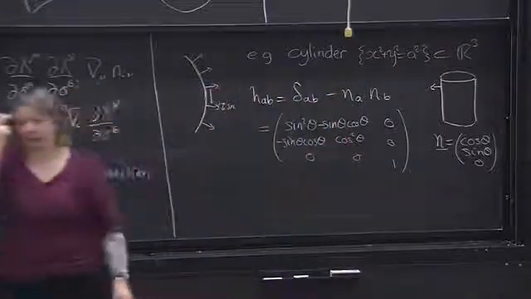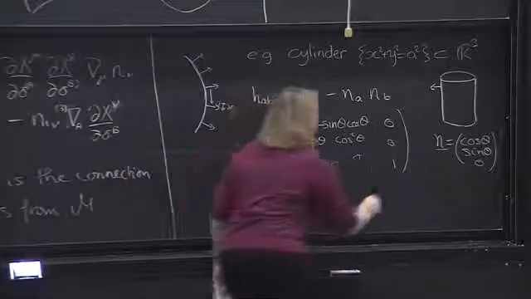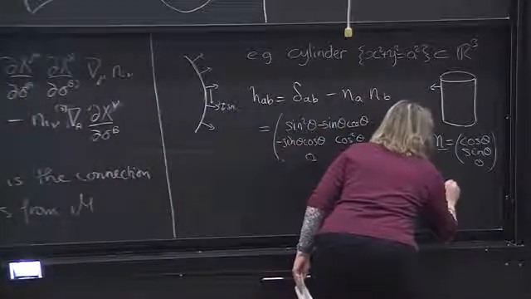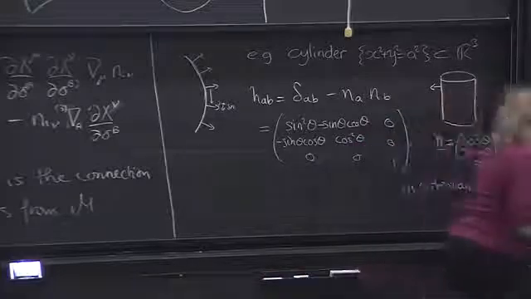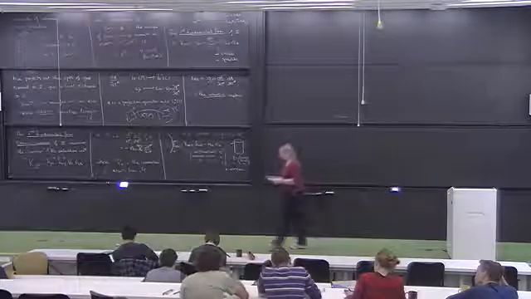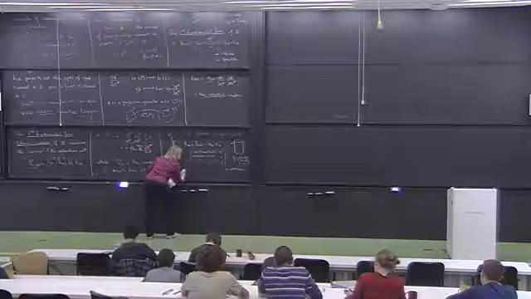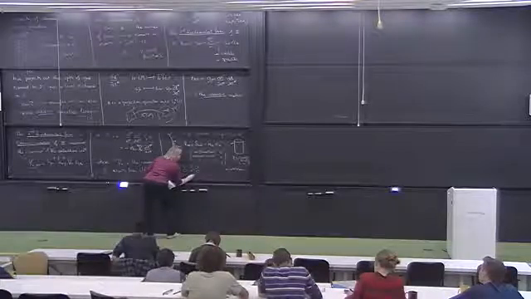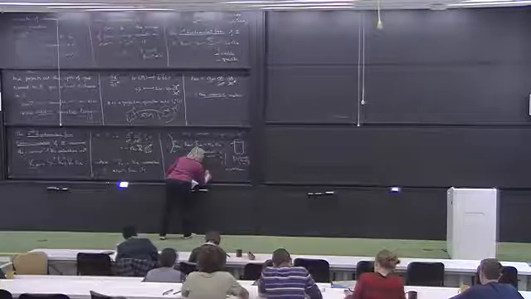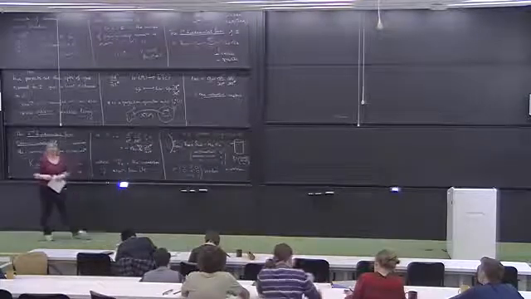actually looks a bit of a mess, to be honest, if I write it in Cartesian coordinates. So this is sort of beginning to highlight differences between the intrinsic and the higher dimensional expressions. However, of course, I could write this in polar coordinates, which would be a lot easier. And in polars, it looks nice.